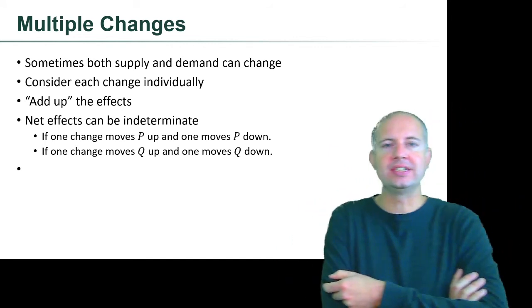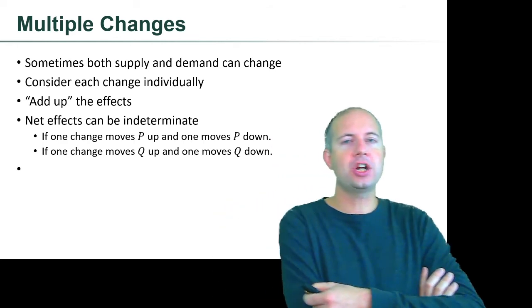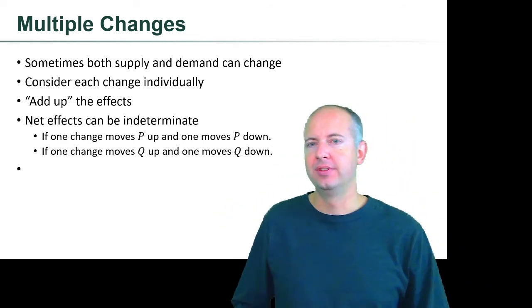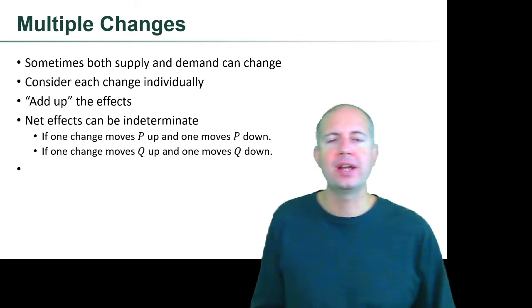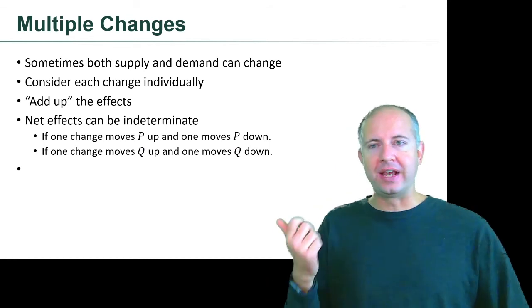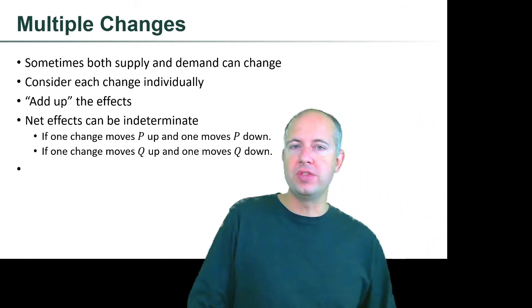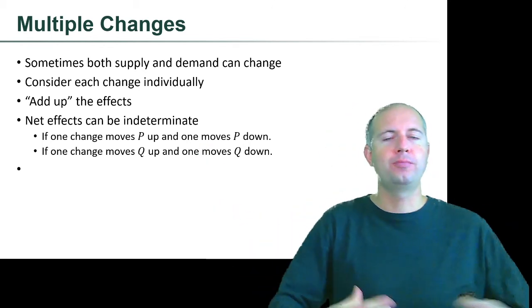Another thing to notice is that net effects can be indeterminate. What indeterminate means is we don't know if it went up or down. So if one change moves price up and one change moves price down, from what we do in this class, we're not going to know which is bigger. So we're not going to know the net effect on price. Similarly, if one change moves Q up and one moves Q down.